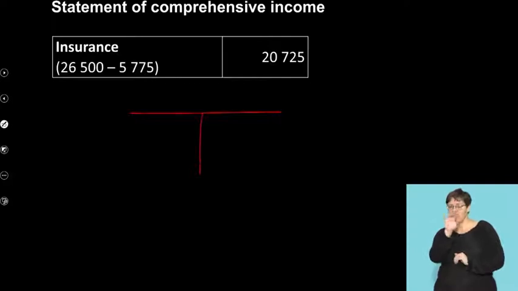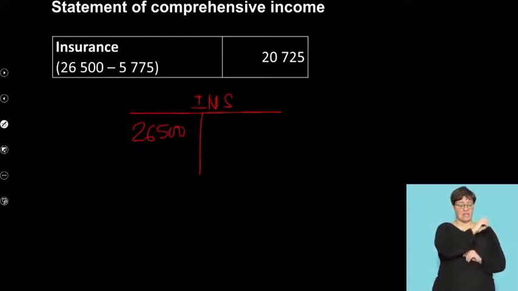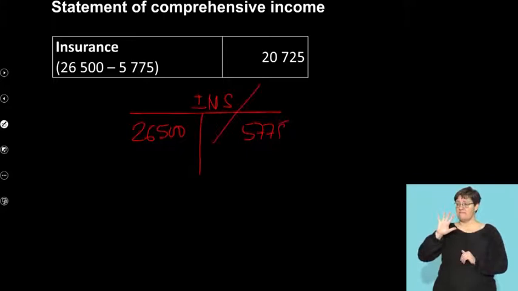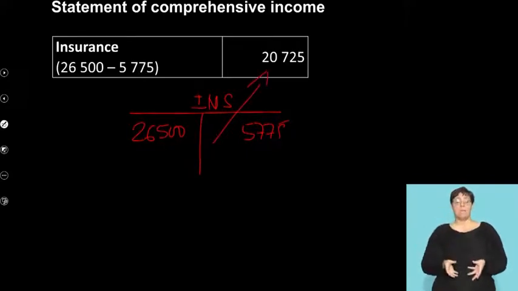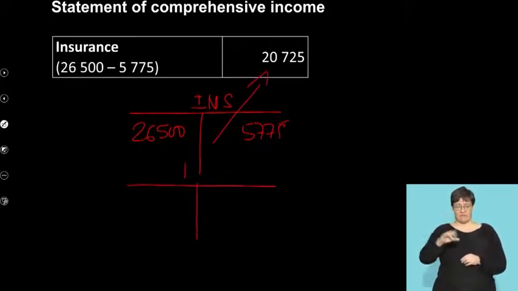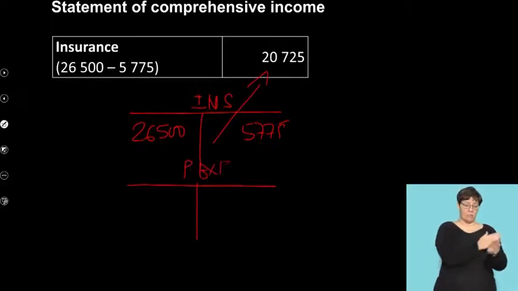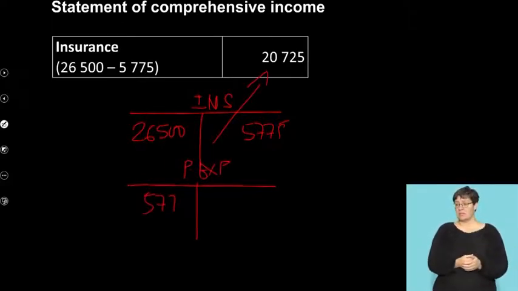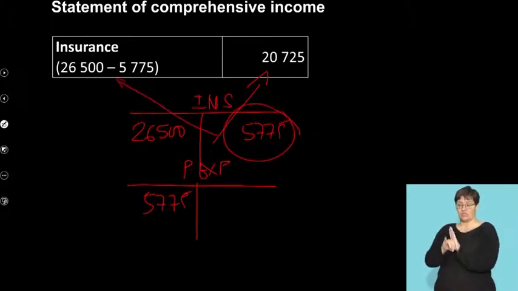Once again, look at your insurance account to make it much clearer for you. There's your insurance with 26,500, right? Remove the 5,775 to give you a figure of 20,725. What's my double entry? Debit prepaid expenses with 5,775 and a credit to insurance, indicating that you must subtract in the brackets.